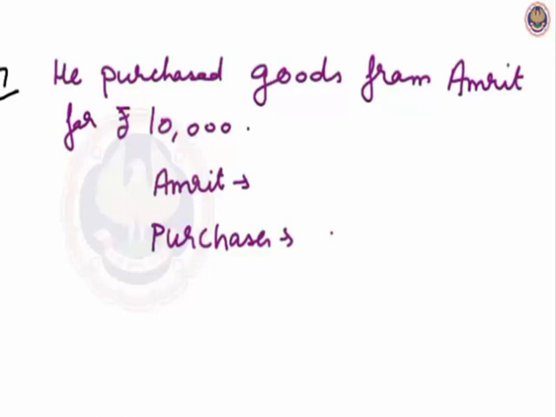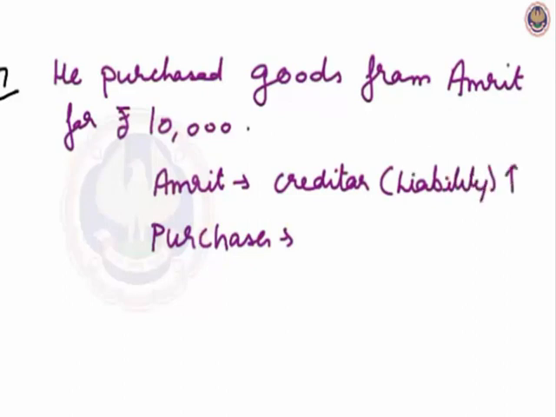When we are making the credit purchases, as name of cash is not given but the name of the party is given. So when we make credit purchases, our liability increases. So Amrit is a creditor. It is a liability for the business and it increases. Purchases is an expense and expense also increases.